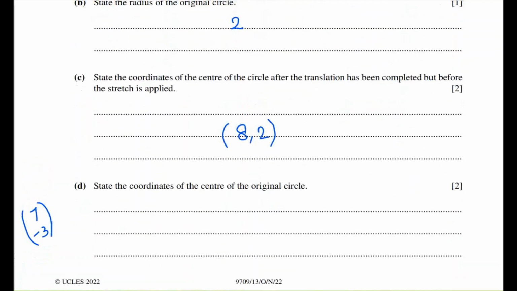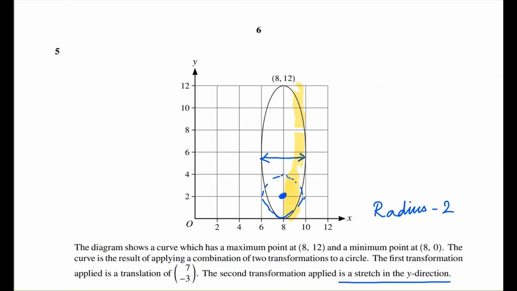So from 8 we have to subtract 7 to get the original x-axis position value, which is equal to 1. So from 2 you have to subtract minus 3. So the original value will be 5. So the coordinate of the center of the original circle is 1, 5. So this will be the original value.